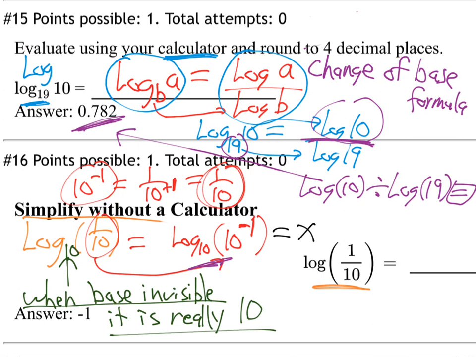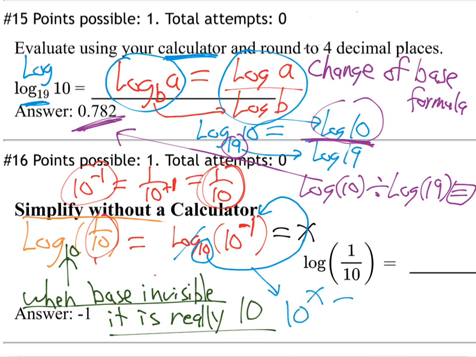Now, remember how we change a log to an exponential? We get rid of the log, and we go base to that equals that. So 10 to the x is 10 to the minus 1. Did you follow that? The base to this side equals that side.